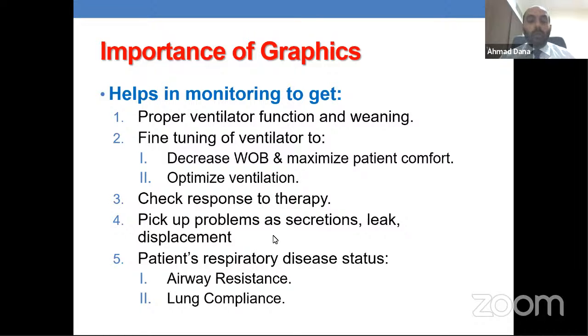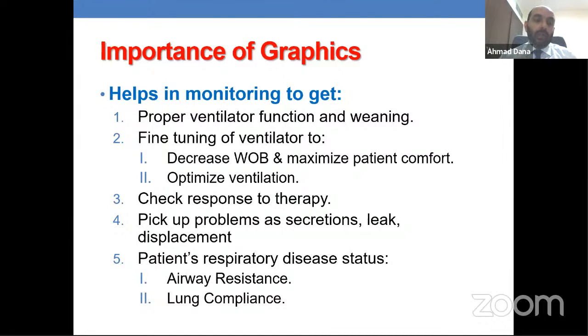So as we said in the beginning, you understand the respiratory disease and what's going on from the graphics. So are you dealing with airway resistance, or do you have a problem with the lung compliance? This is really important. So you understand the disease process.